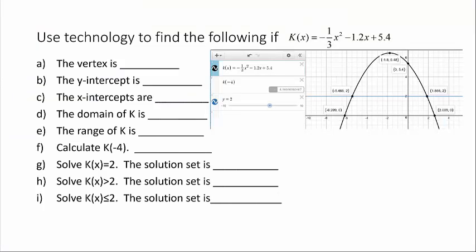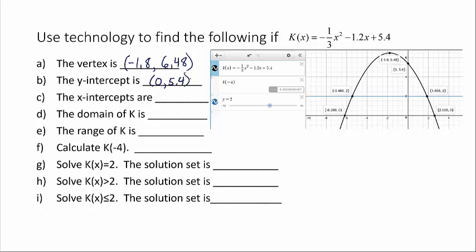All right, so based on the information that we just learned in Desmos, we know that the vertex is -1.8, 6.48, right? Just taking it right off of the graph. So the vertex is the maximum point there. And the y-intercept, where does it cross the y-axis? 0, 5.4.